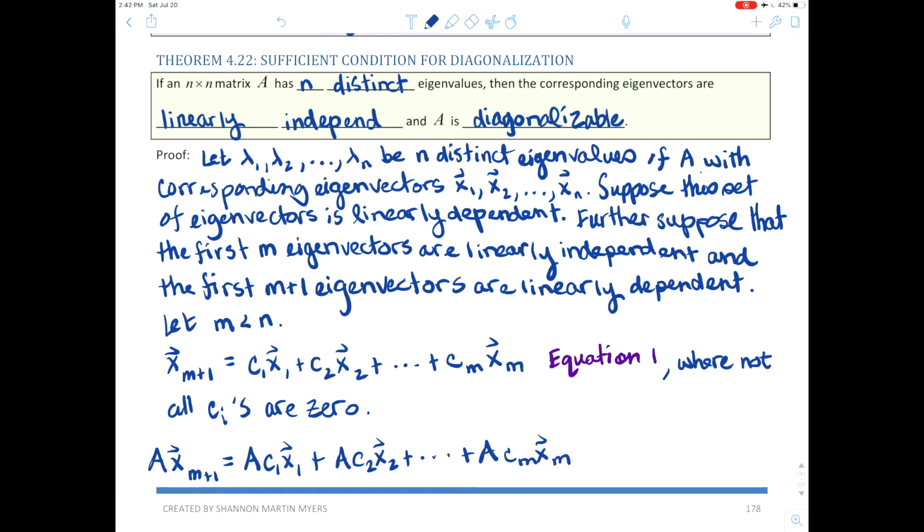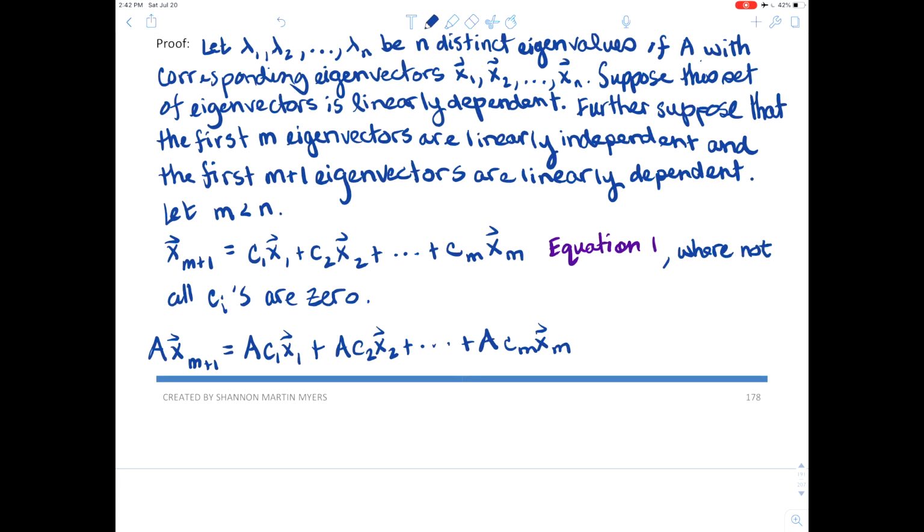Good so far? But we know from our premise that A has n distinct eigenvalues, right? And so we had let lambda 1 all the way down to lambda n be these n distinct eigenvalues of A. So that tells us what? Well, it tells us that A times xi has to be equal to what? Lambda i times xi for i equal 1, 2, all the way down to m plus 1.